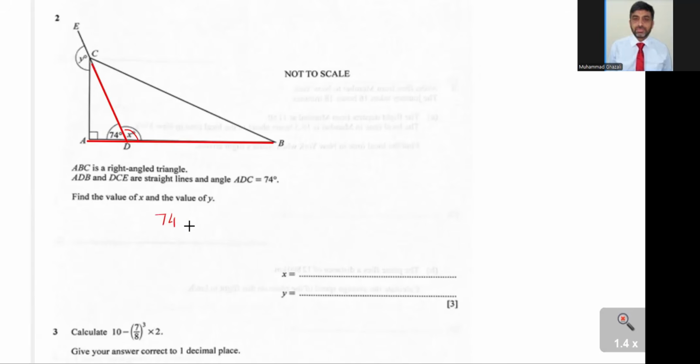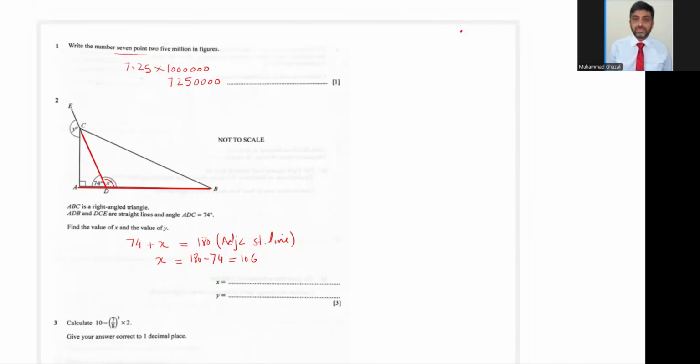When we add these two angles, 74 and x, we get 180 because this is the property: sum of adjacent angles on a straight line. This is the abbreviation we use for this property. And x will be equal to 180 minus 74, and this will be equal to 106.